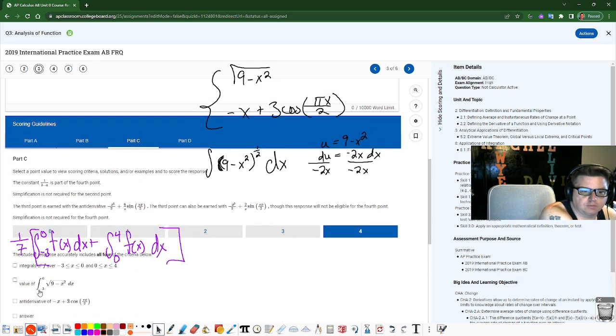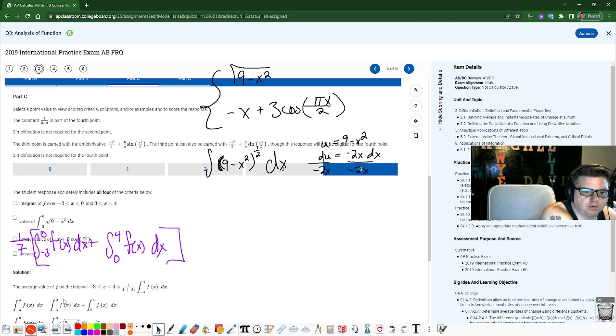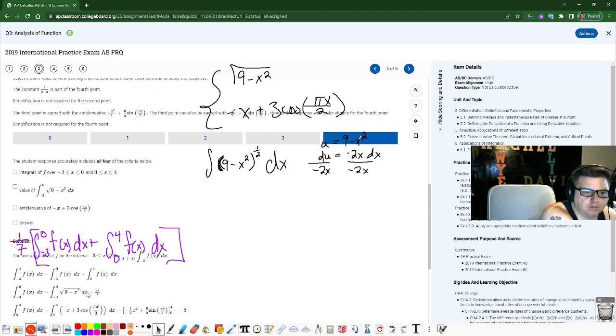So integrate negative 3 antiderivative. Of course. Wow, how do you just put that? Oh, is that an inverse tangent?